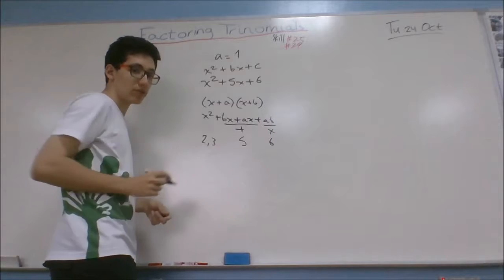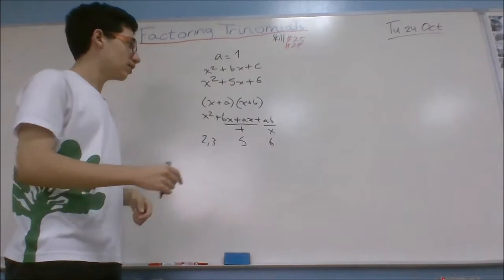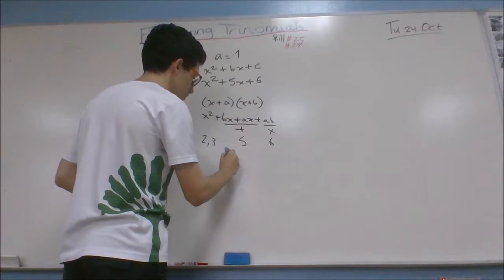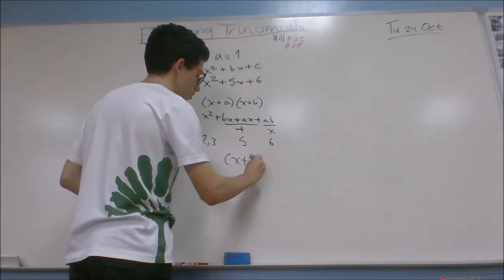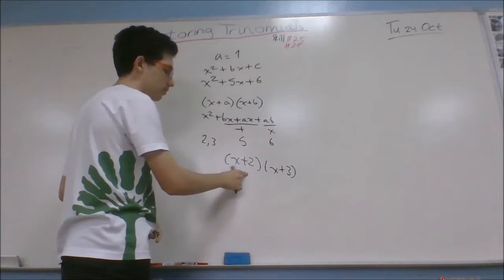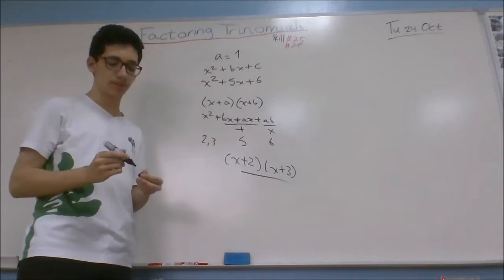So you have both factors, and since they're not negative, it doesn't matter which order you put them in, and all you have to do is substitute a and b for 2 and 3. So in this case, it would be x plus 2 times x plus 3. And that is your final answer.